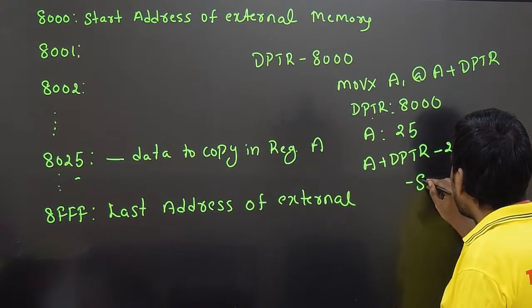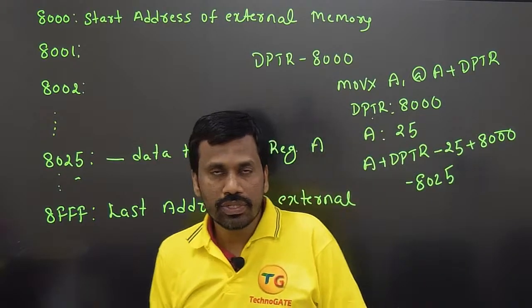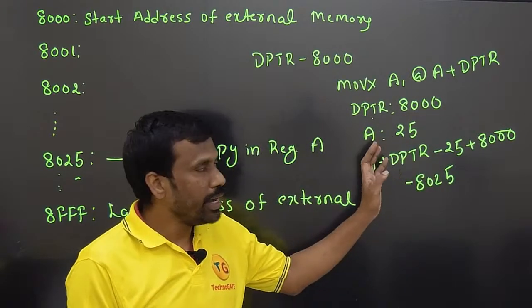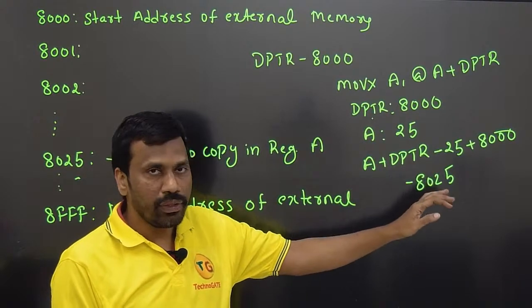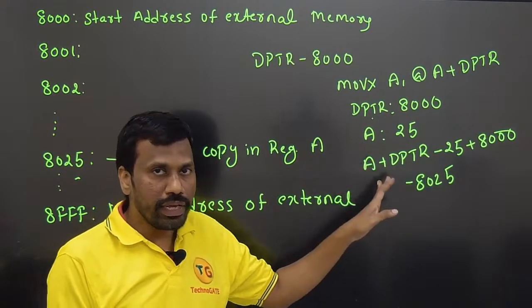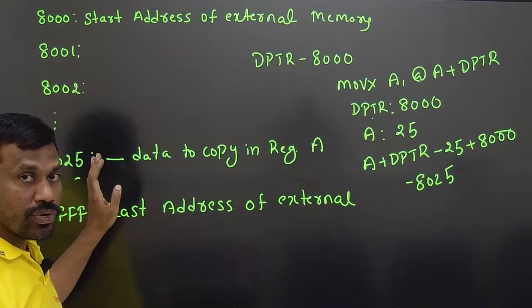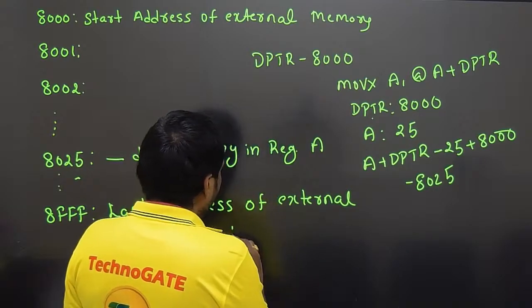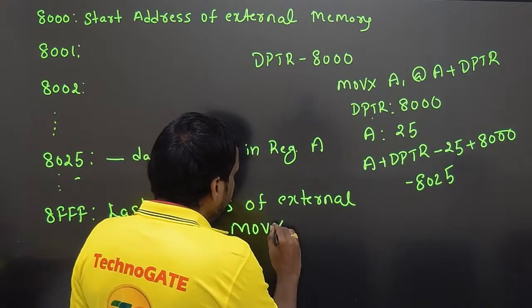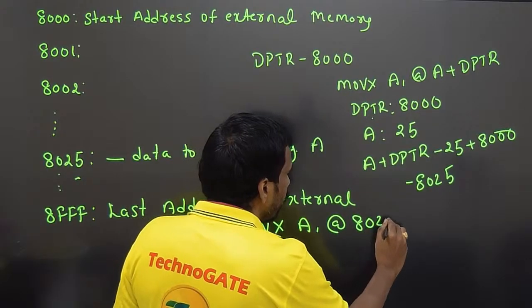What is the answer? 8025. See the steps carefully. DPTR 8000, A is 25, A plus DPTR, 25 plus 8000, 8025. Now we came to this location, 8025. Okay. Now MOVX A, @8025.